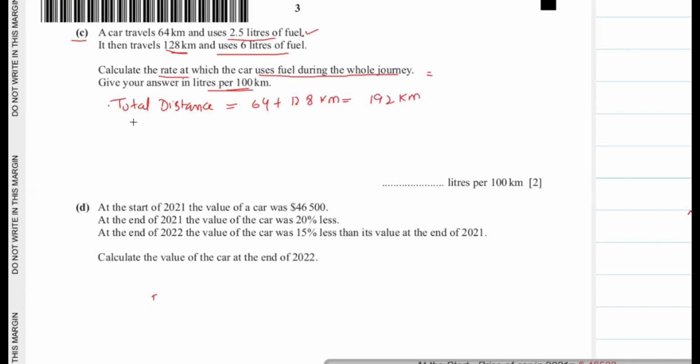And after this, we will calculate the total fuel used in this journey. This total fuel here is 6 liters and 2.5 liters. We can write this value: this is 8.5 liters of fuel. And we have to calculate the fuel in 100 kilometers.